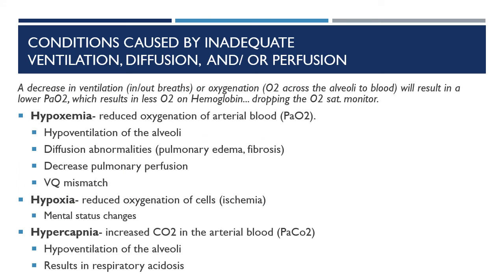So let's talk about some conditions that are caused by inadequate ventilation or diffusion or perfusion. Okay, so what about hypoxemia? Hypoxemia means reduced oxygen levels in the bloodstream, in the arterial blood, your PaO2. It's not telling you how much of your hemoglobin has oxygen molecules on it.